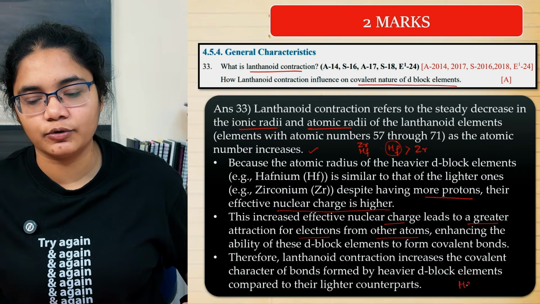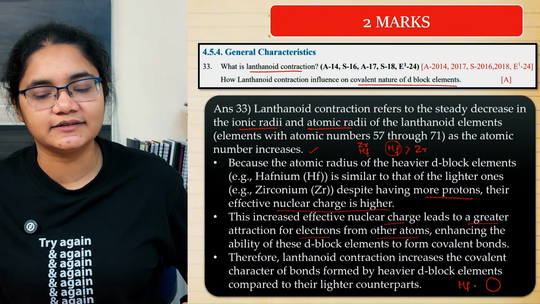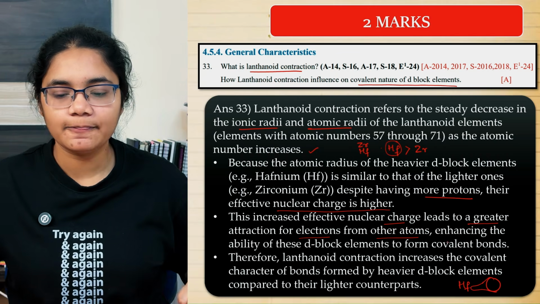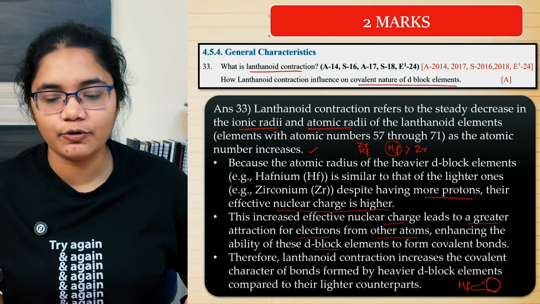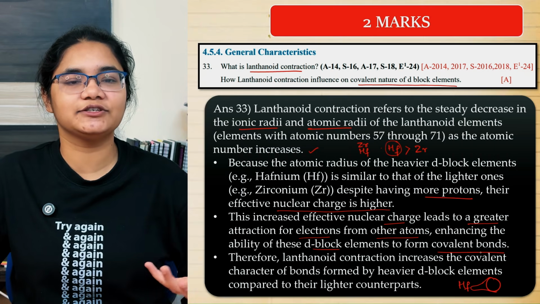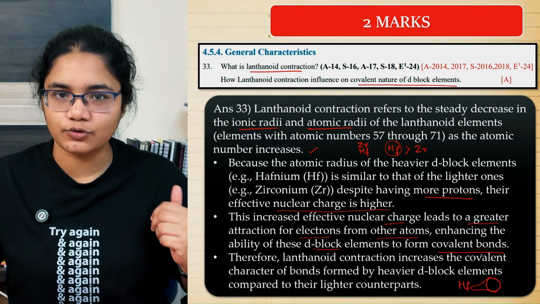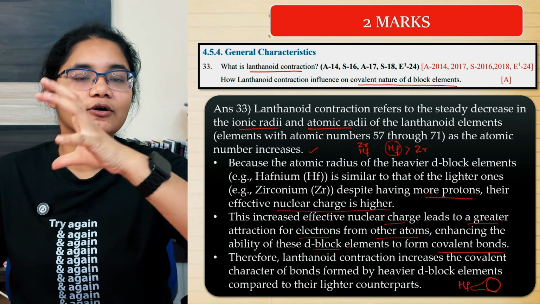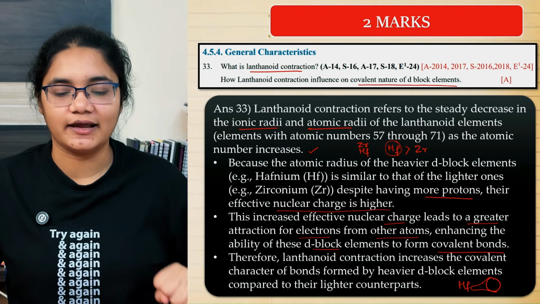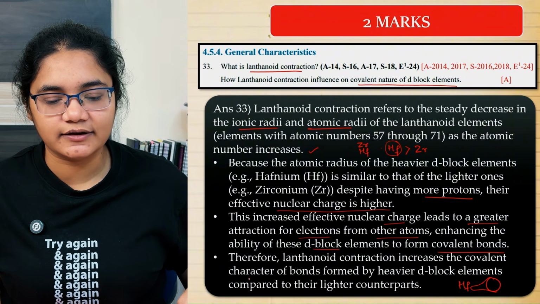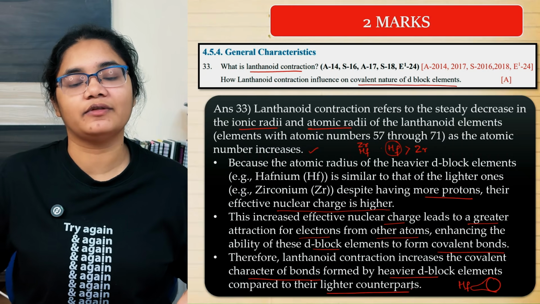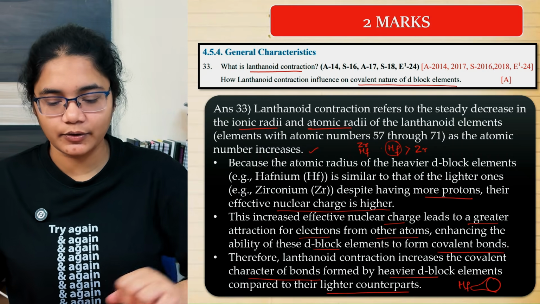So if suppose I have hafnium here and some other element is there, it will attract its electron very easily, enhancing the ability of these D block elements to form covalent bonds. The polarization of the bonds gives covalent character. So here the cations have very high effective nuclear charge, because of which they can easily polarize the anions. Therefore, Lanthanoid contraction increases the covalent character of the bonds formed by the heavier D block elements compared to that of their lighter counterparts.